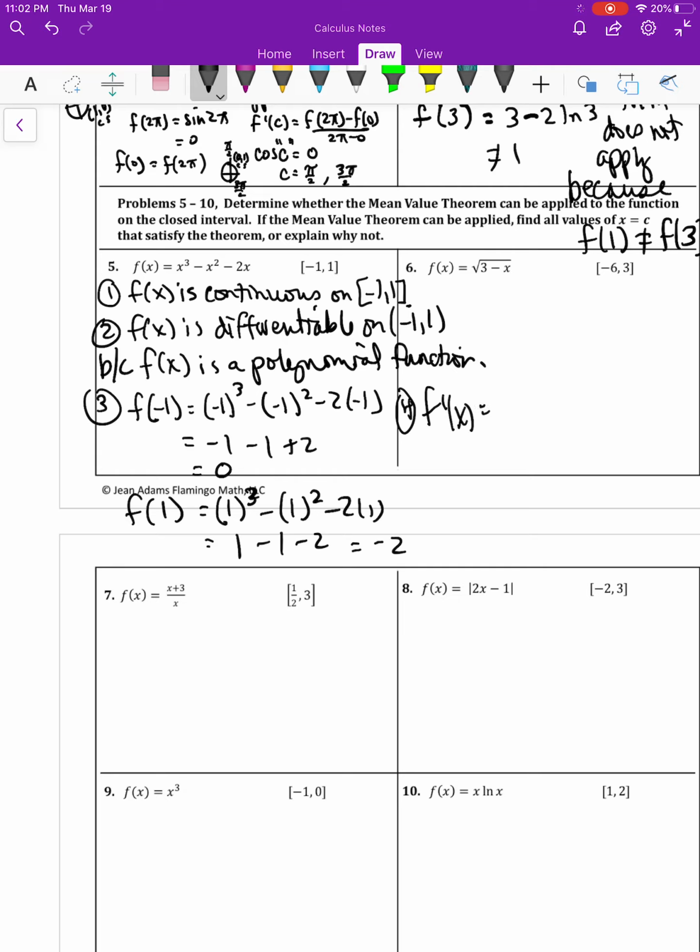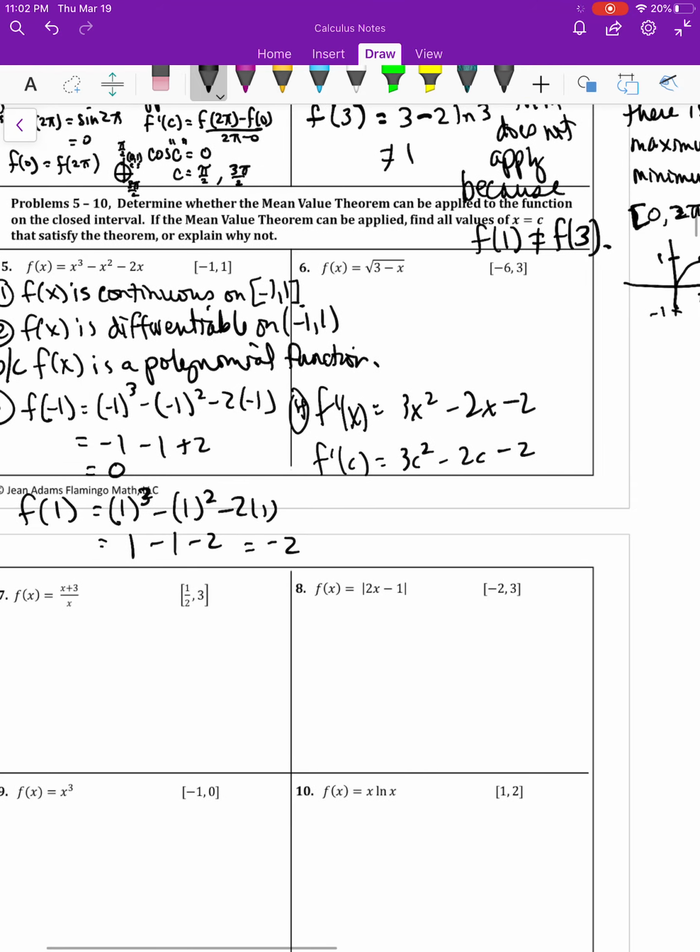We need to find our derivative, f prime of x. That's going to be 3x squared minus 2x minus 2. And usually we just make it f prime of c. Then we're going to set our f prime of c equal to f of 1 minus f of negative 1 over 1 minus negative 1.